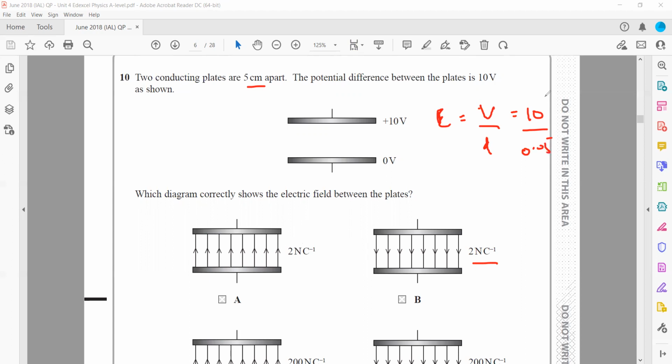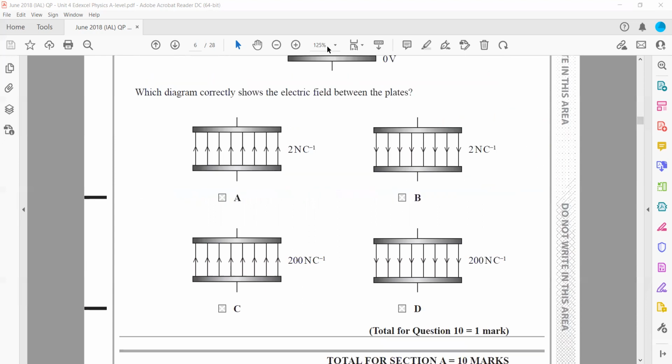So 10 divided by 0.05 equals 200. So the electric field strength is 200 Newton per Coulomb. Which option is 200 Newton per Coulomb? That is D. So the direction is correct and the magnitude is also correct. So D is the right answer.